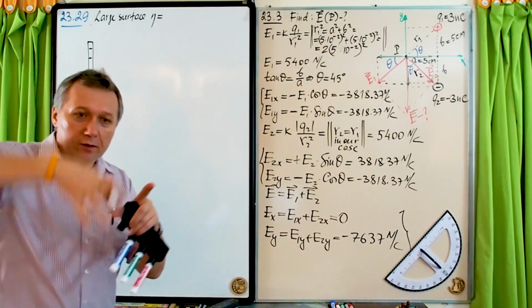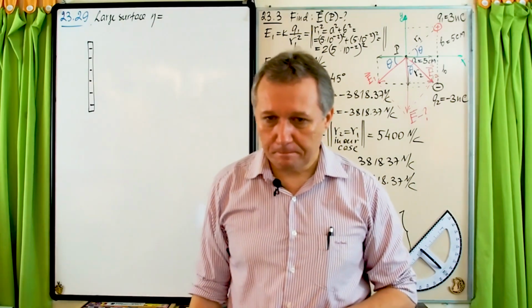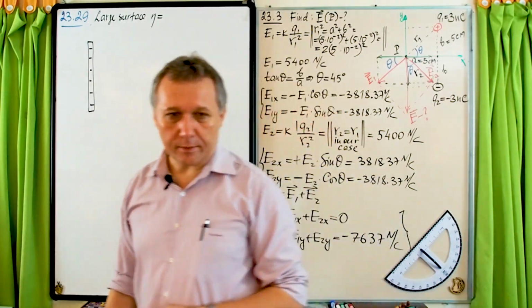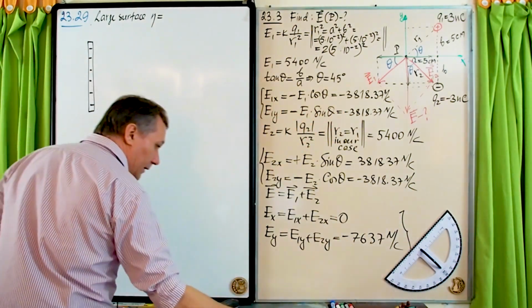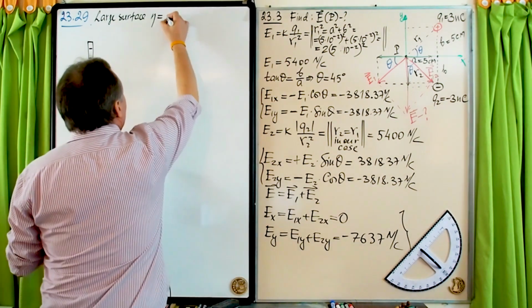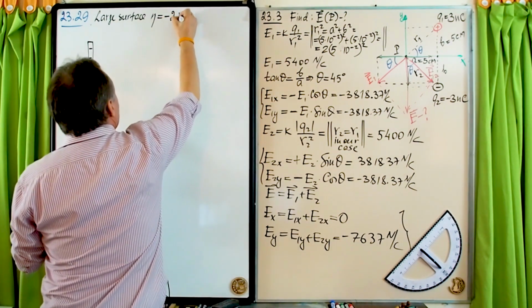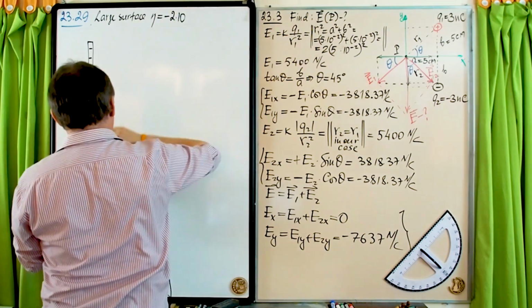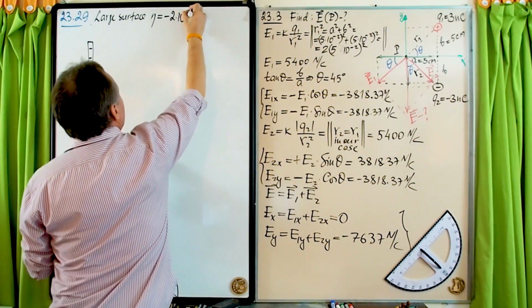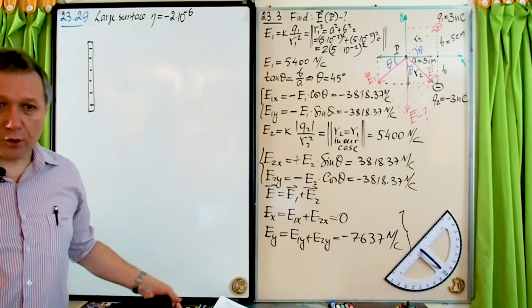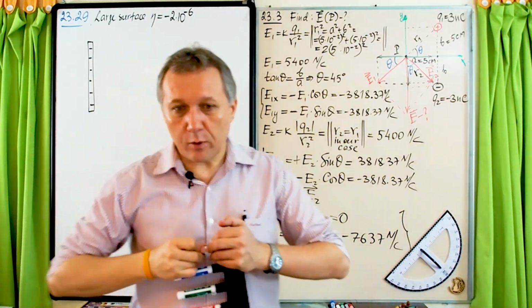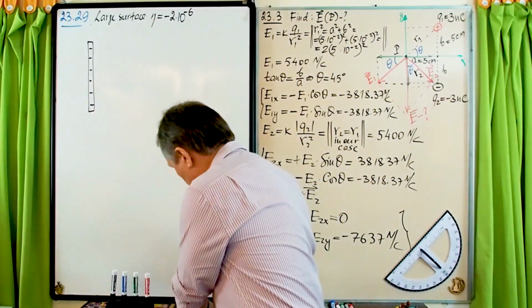It's sort of like an N with a long tail down. It's negative, minus 2 times 10 to the power of minus 6 units.